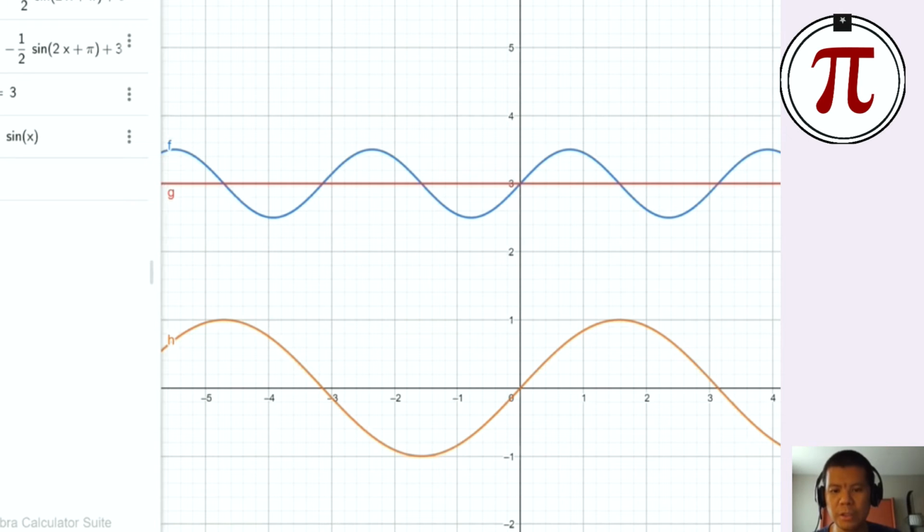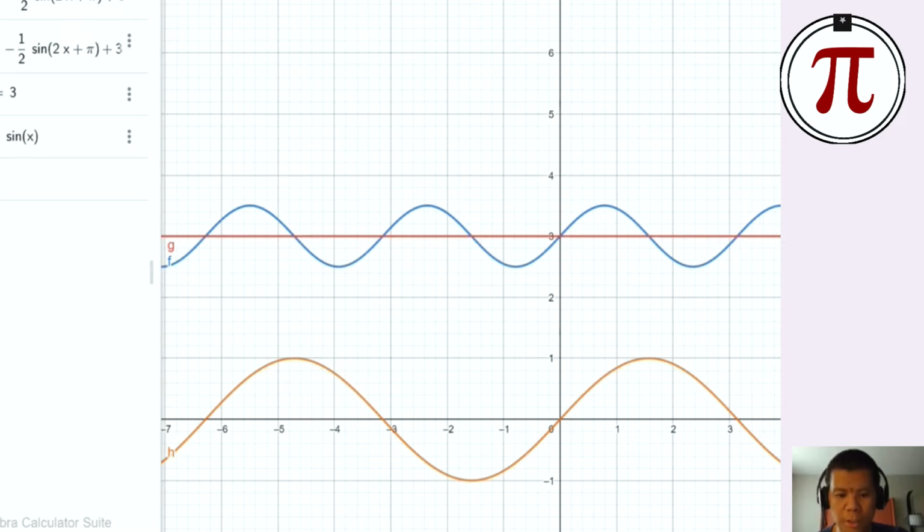Do you see the difference, right? The sine is going through the origin, 0, 0. And the amplitude of a single sine function is 1, right? The amplitude is 1. But the amplitude of the function we have is 1/2. Did you see?